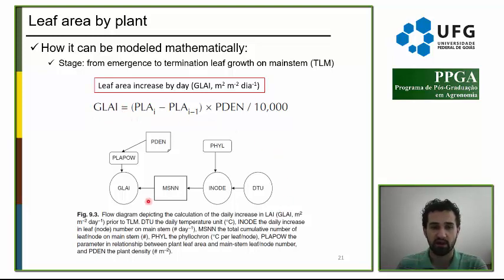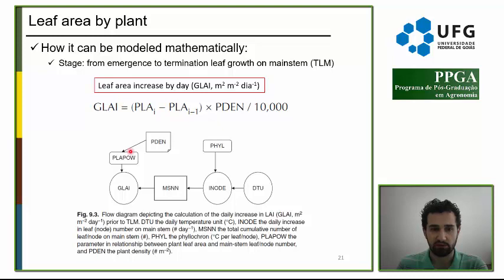And here is the diagram representing this simulation, where I have the thermal time by day define the number of new nodes in the main stem in function of the phyllochron. This will define the actual number of nodes in the main stem that will define the plant leaf area each day.